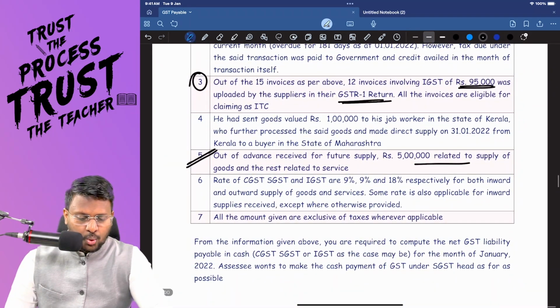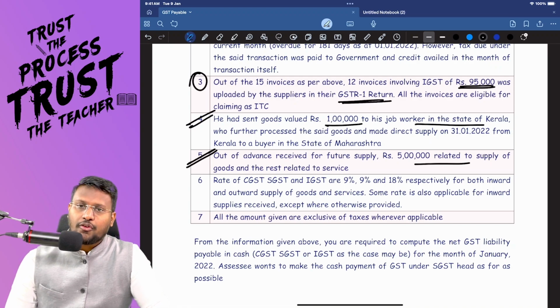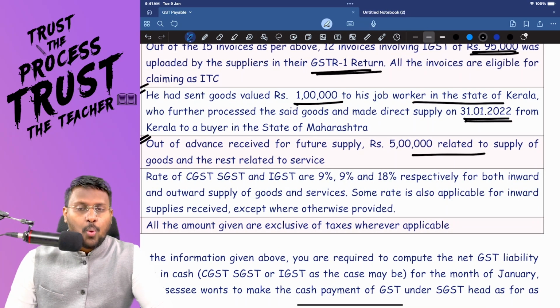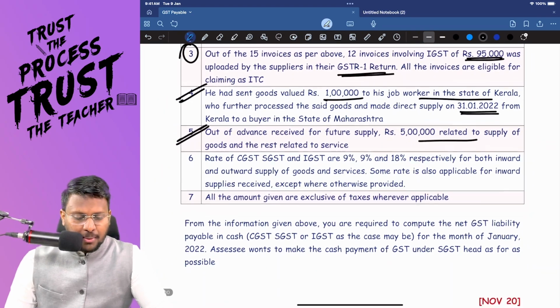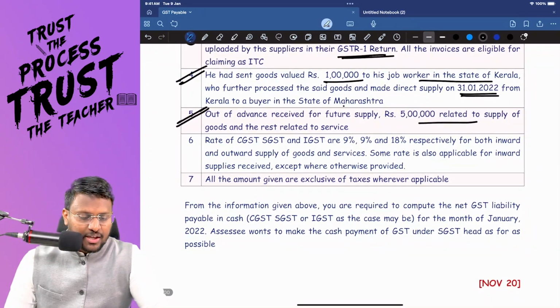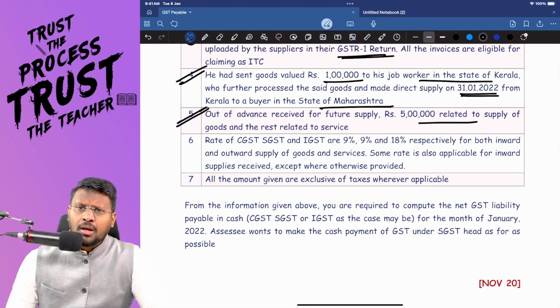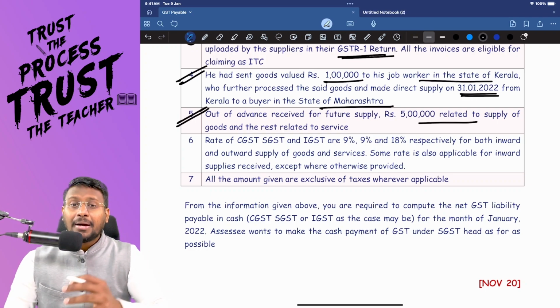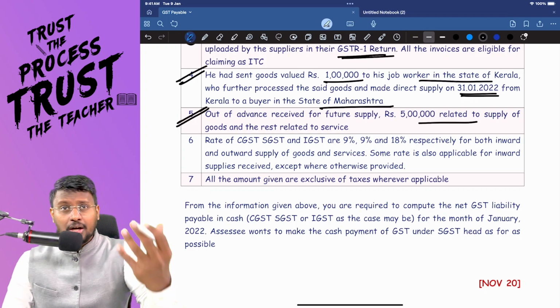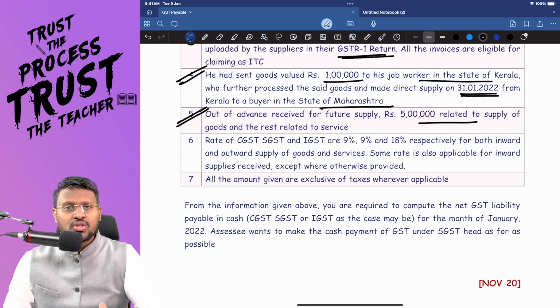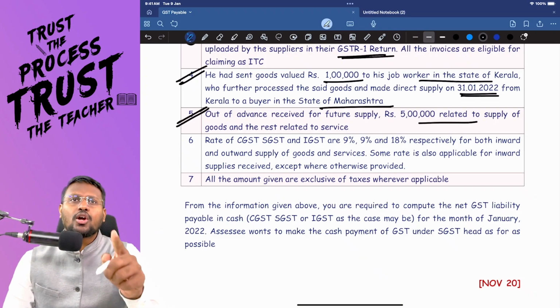He has sent goods valued rupees 1 lakh to his job worker in the state of Kerala. That means the job worker is situated in another state, who further processed the said goods and made direct supply on 3/1/2022 from Kerala to a buyer in the state of Maharashtra. You tell me, sir, principal can send the goods to the job worker, but the job worker either has to return those goods or sell those goods within 1 year from the date of sending the goods.